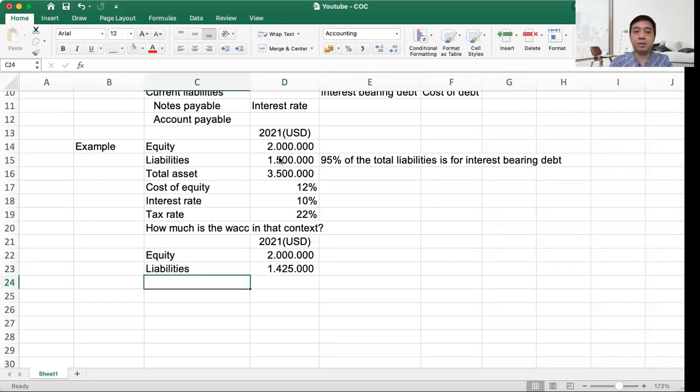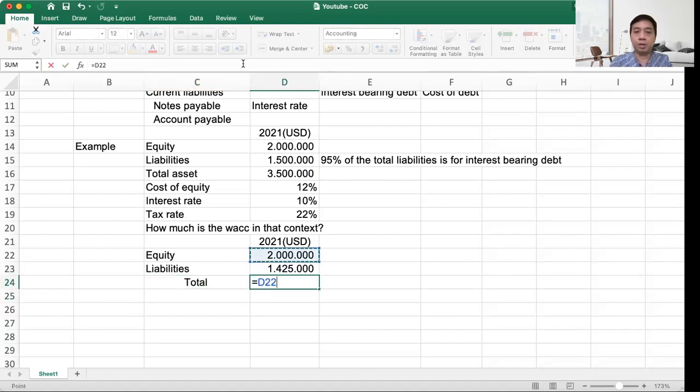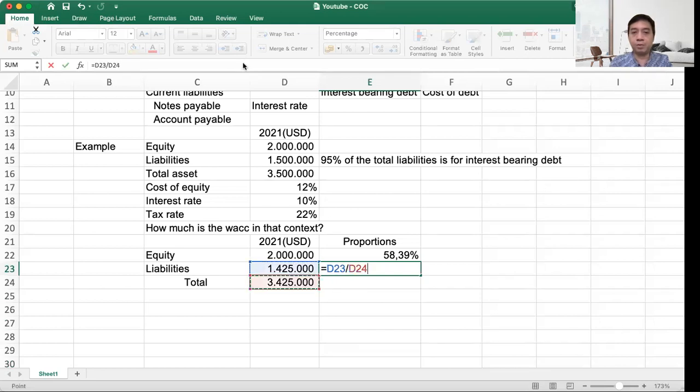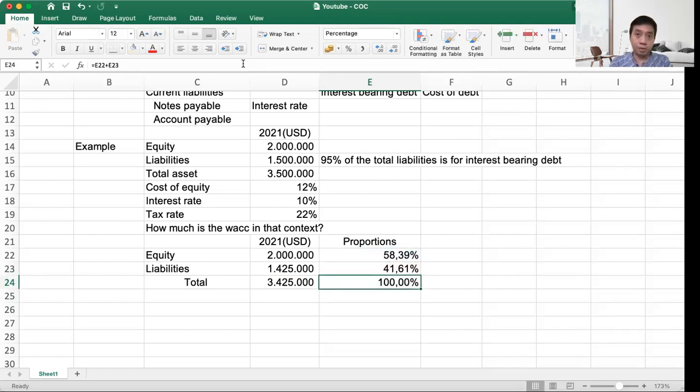Right after we get this, we need to identify the total, which is this one plus this one. And then let me put the term proportion here, this one divided by the total, and also this one divided by the total. Just make sure that this number and this number add up to 100%. Now let's go to cost.